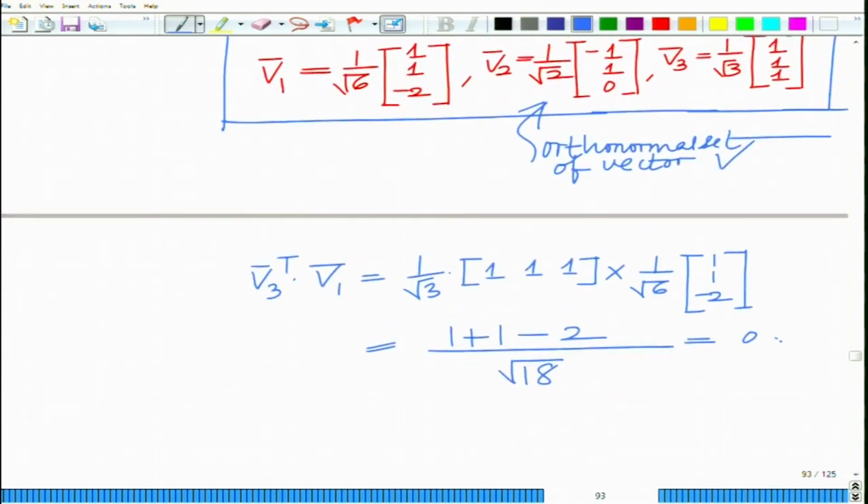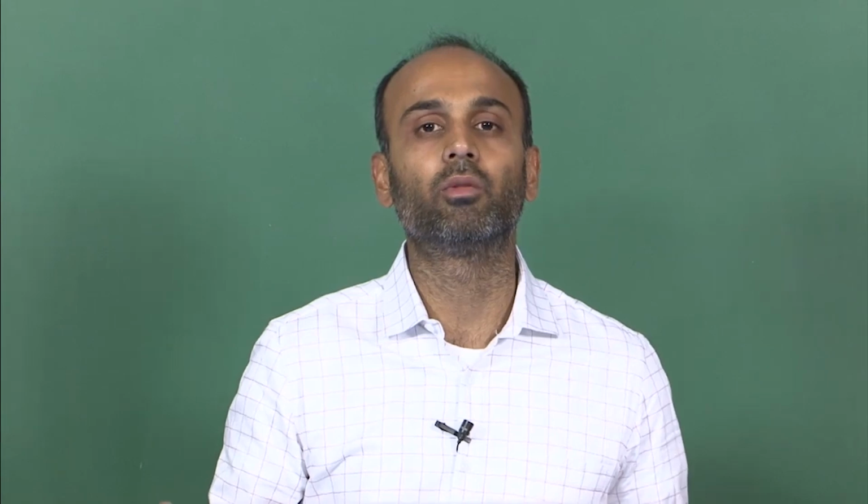And you can similarly check the inner product of V3 bar transpose V2 bar. In fact, you can readily see that they are also orthogonal, therefore V1 bar, V2 bar, V3 bar is an orthonormal set.